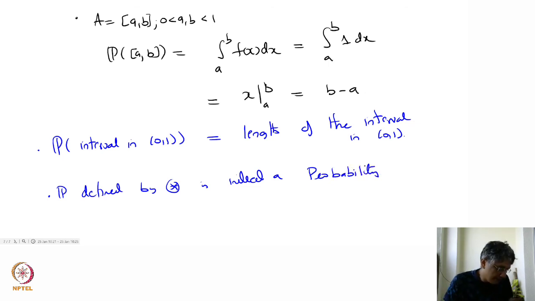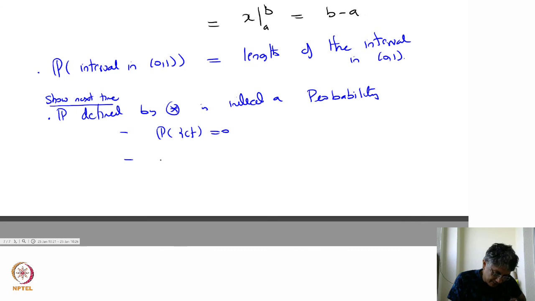We already verified that the probability of an interval in 0, 1 is the length of the interval. We'll have to understand completely why this connects to an experiment. We'll also show next time that the probability of a singleton set is 0.